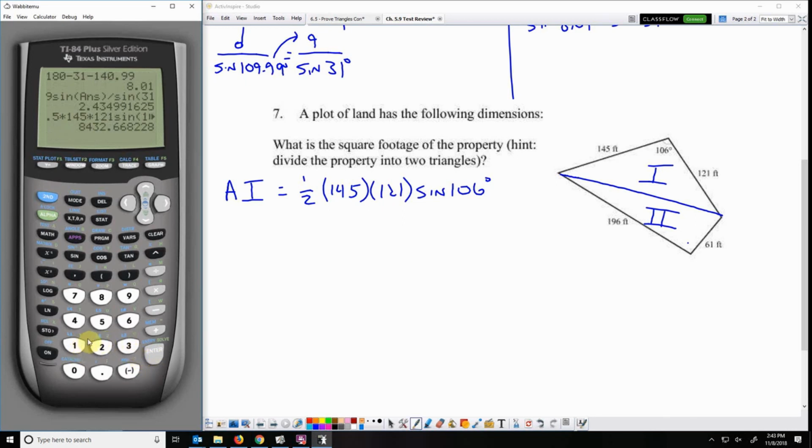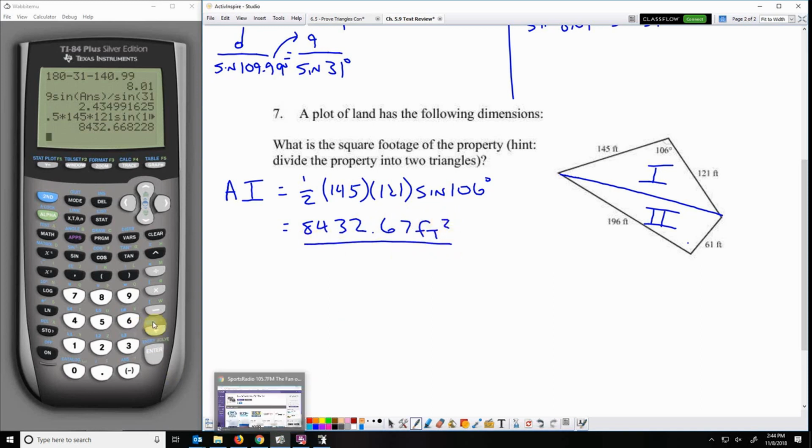Okay, so we get an area there of 8,432.67 feet squared. I'm going to underline that. That will be part of my final answer.